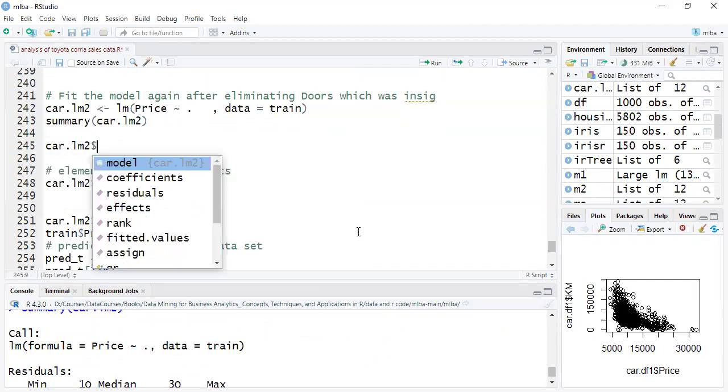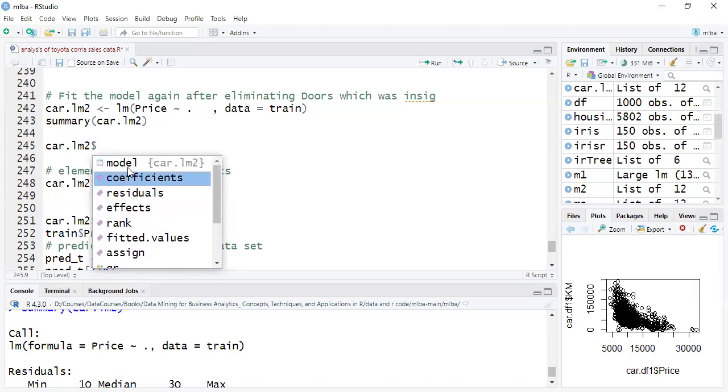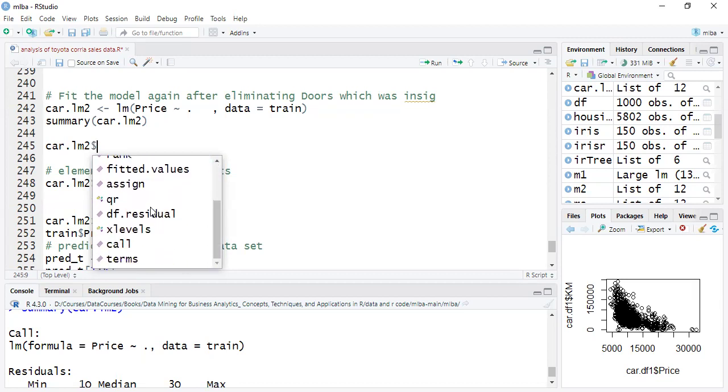If you place the $ sign, it will indicate how many other segments this output has. This output has coefficients, residuals, effects, fitted values, terms, degrees of freedom of residuals. So these are the elements.